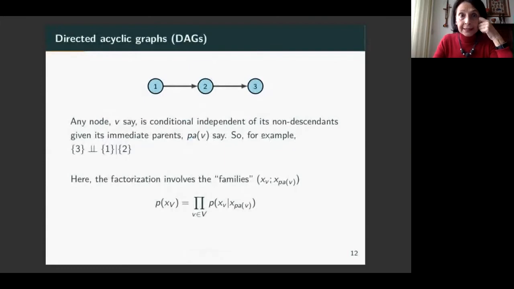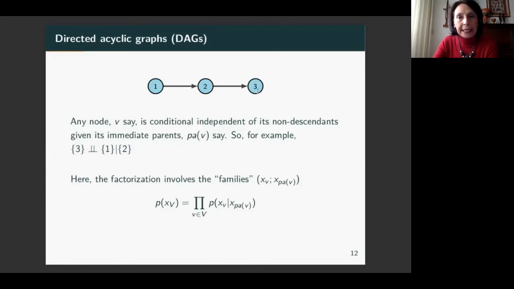Conditional independencies can also be represented by directed graphs, provided that there are no cycles, so no loops in the network. Here, any node is conditionally independent of its non-descendants given the parent.